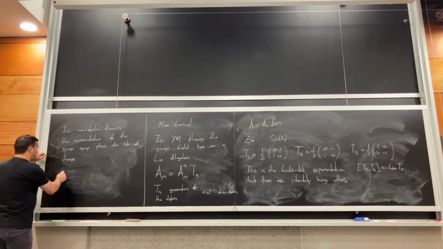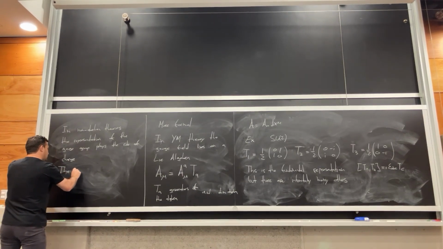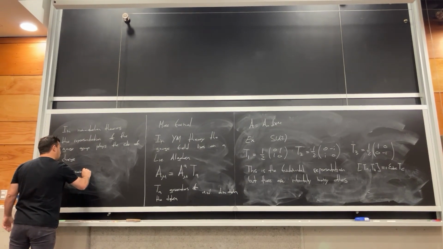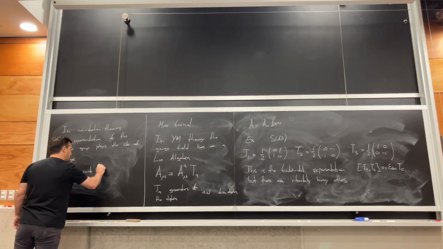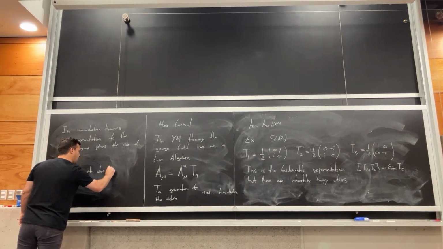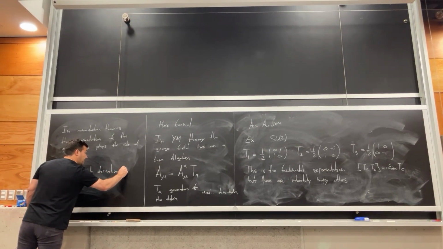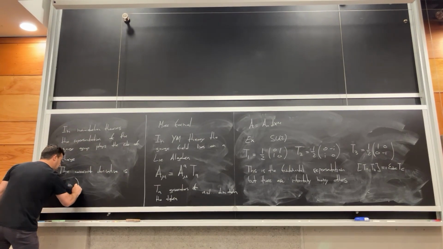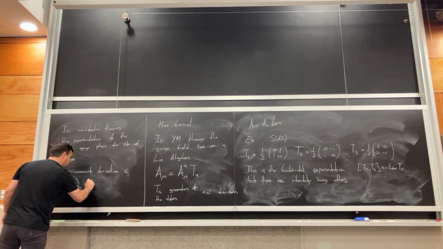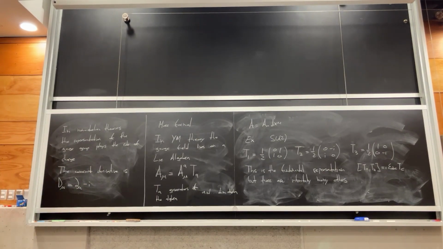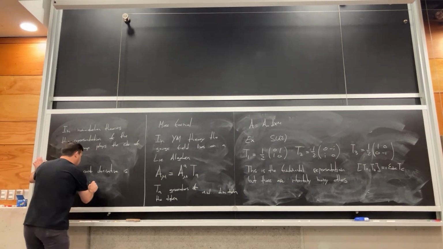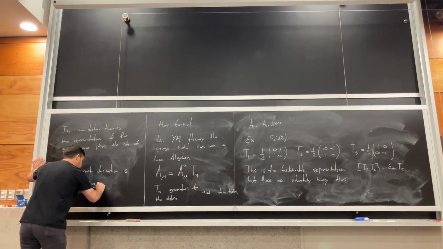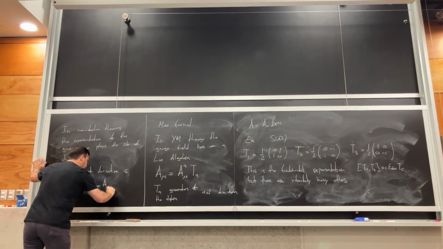And then the covariant derivative is, so we all know this, D mu will be the partial derivative minus i, and here I'm going to write g Yang-Mills A mu. Okay?